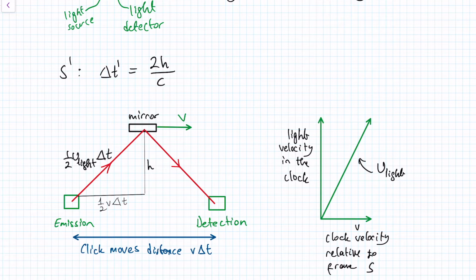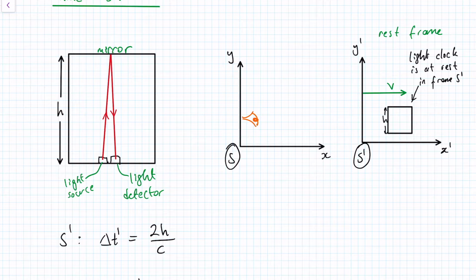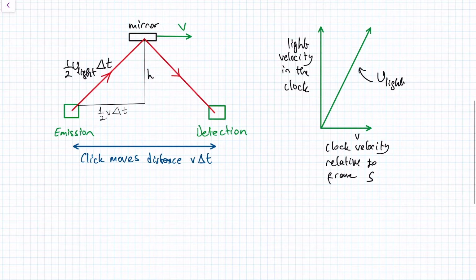According to a stationary observer in S, the mirror and the clock will be moving at velocity v, as you can see in this S dashed frame here. So this is what an observer at S will be observing. The mirror was initially here, but now it's there, and then it will be in the final state somewhere there, right?